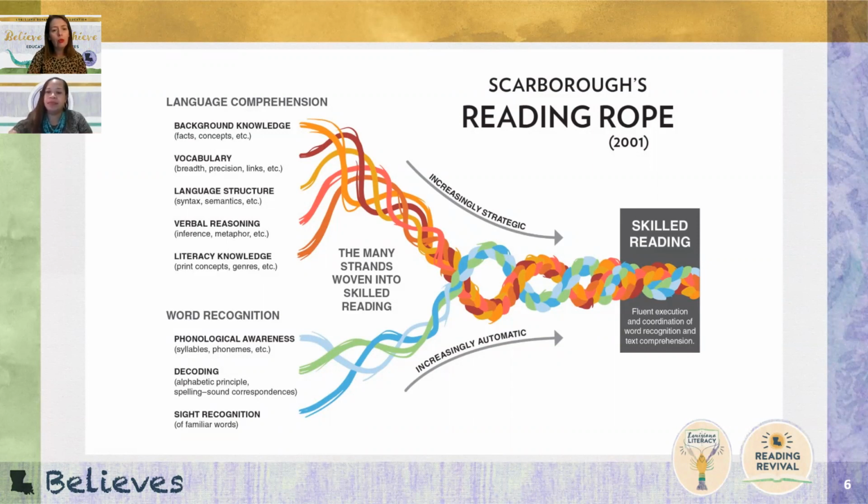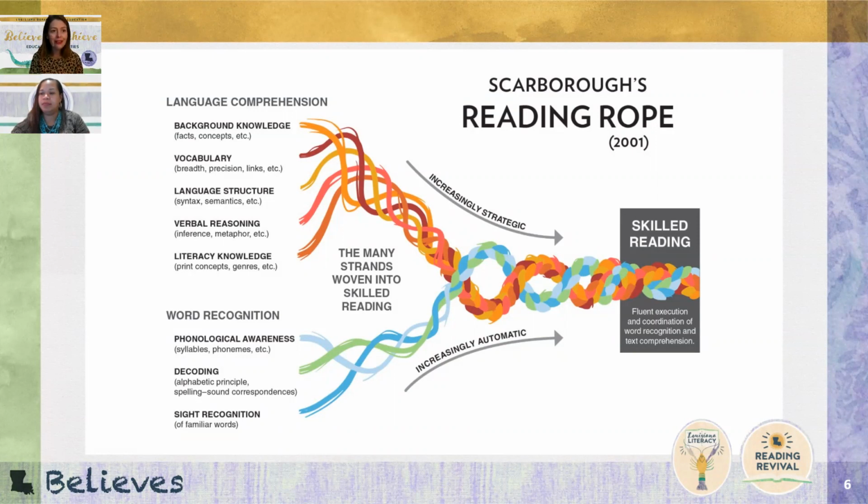At those levels, when it comes to word recognition, we're really developing their phonological awareness, their ability to decode, and ultimately leading to sight recognition of words. But that's not something that happens overnight. That happens through systematic, explicit phonological and phonics instruction, right? The support that we do.